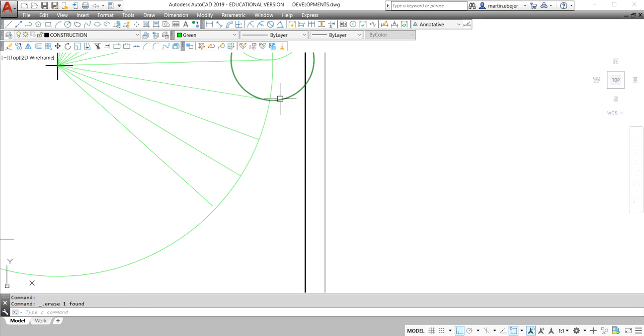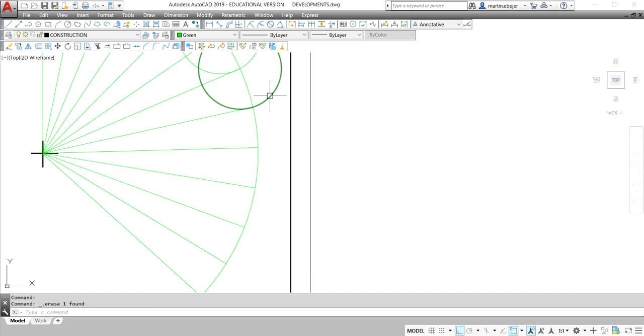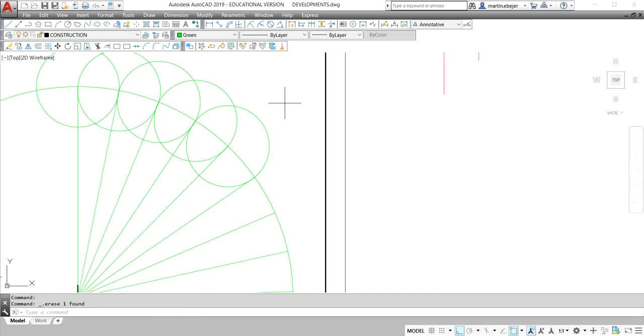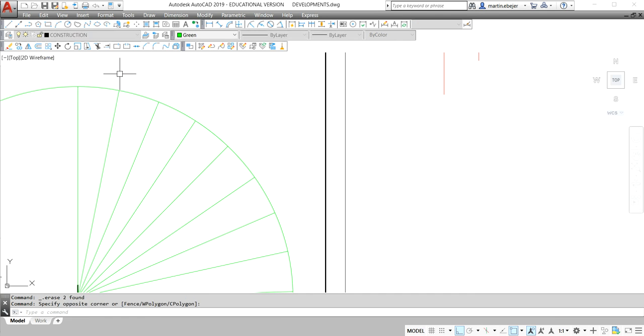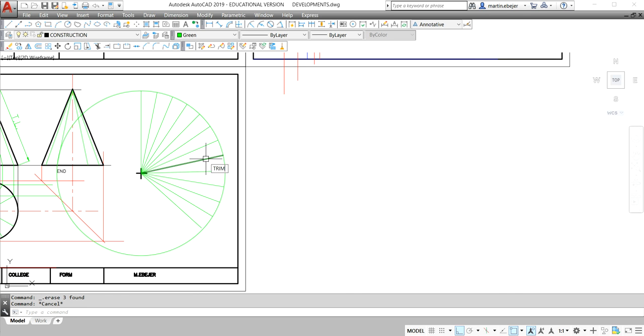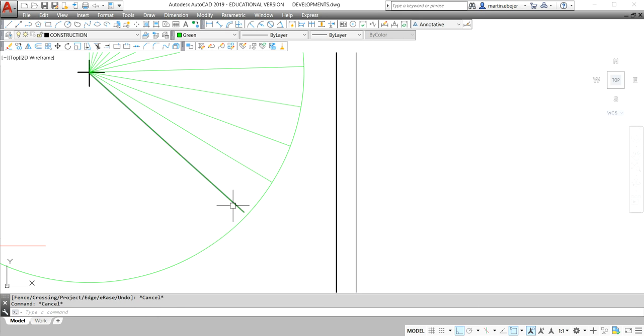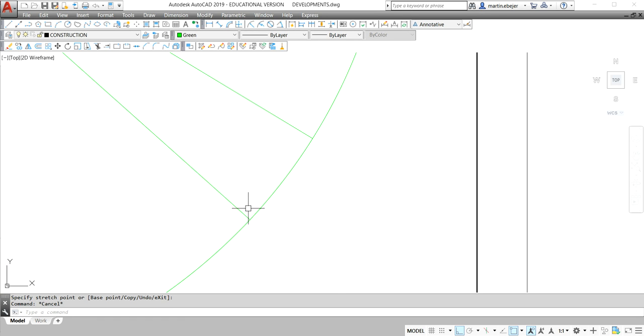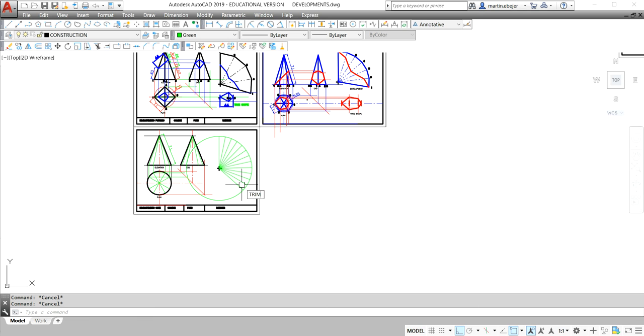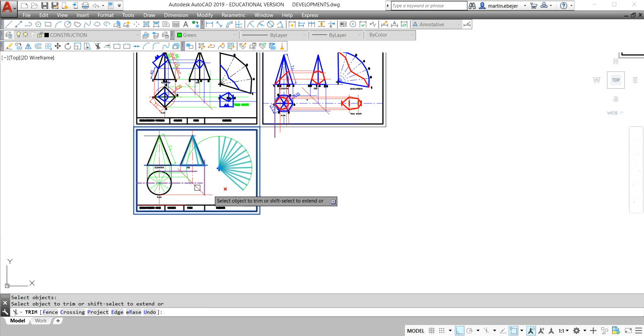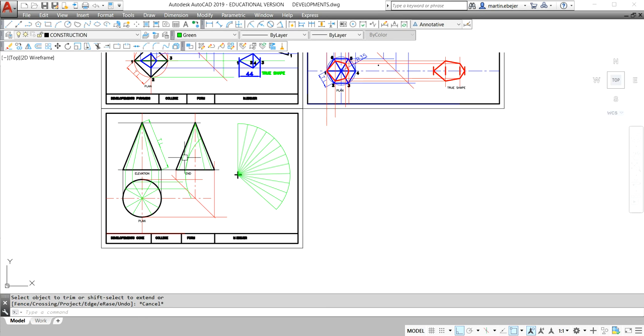In your case, you're just gonna have tiny arcs to represent the chord distance. Okay? Even to do the development, you don't need to do a full circle. Okay?